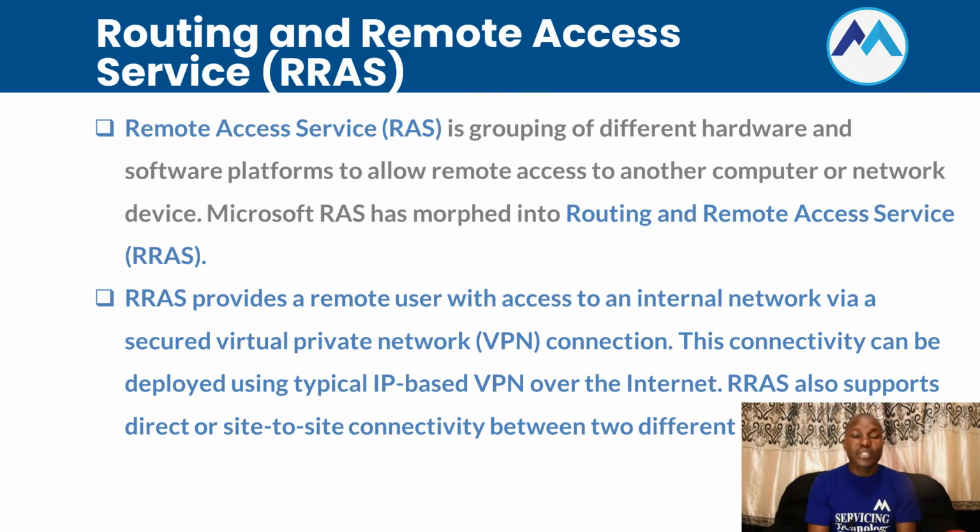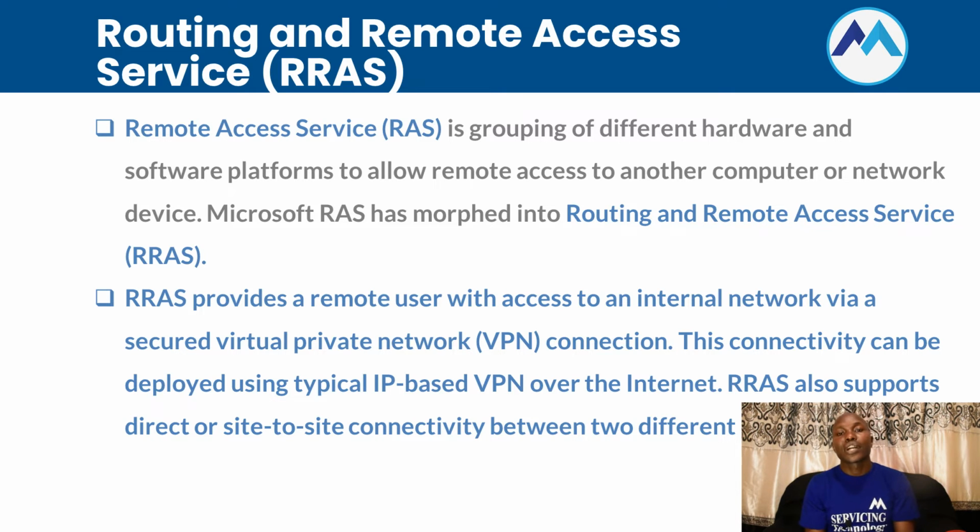This powerful service allows clients to connect remotely to a central network using dial-up and high-speed internet connection. RRAS provides a remote user with access to an internal network via a secured virtual private network, that's VPN, connection.